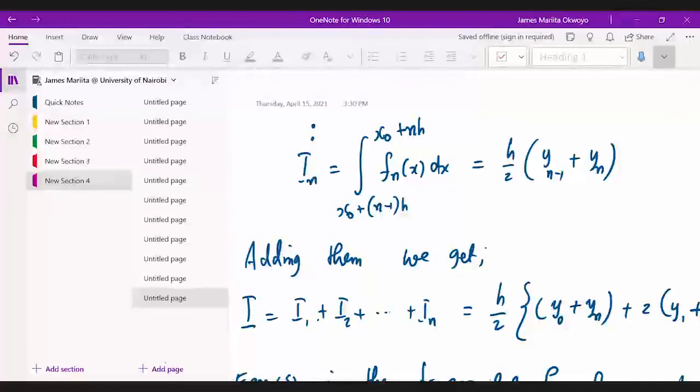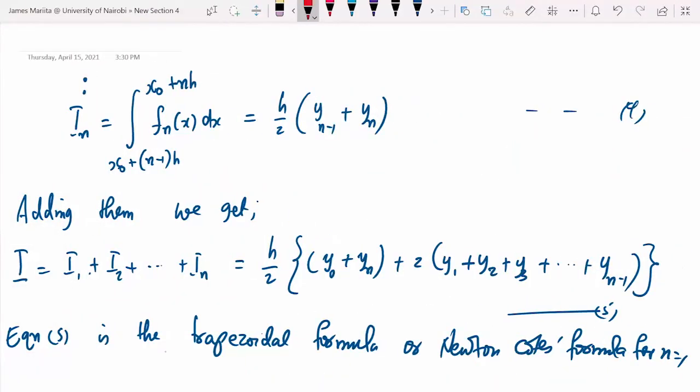So that's why, when we sum up the individual integrals, we come up with this: Y naught and Yn will have H over 2, but Y1, Y2 up to Yn minus 1, if you multiply this out, this will cancel, and this will have H. This will have H over 2, and this will have H at the end of it all. That's why I have it like that.